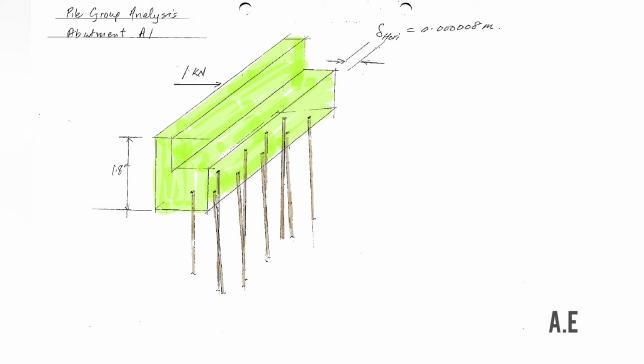The pile group horizontal stiffness is determined using software that can analyze a three-dimensional pile group system.